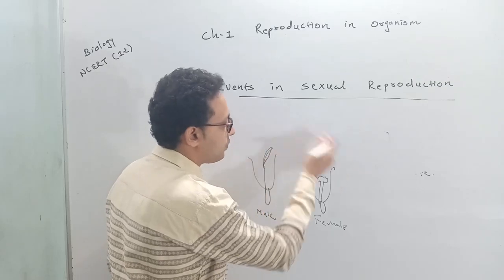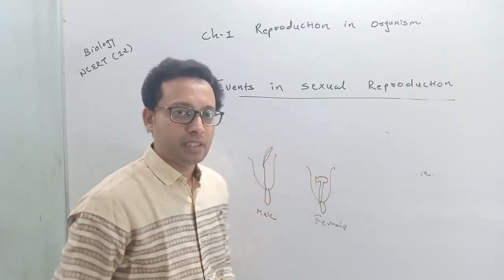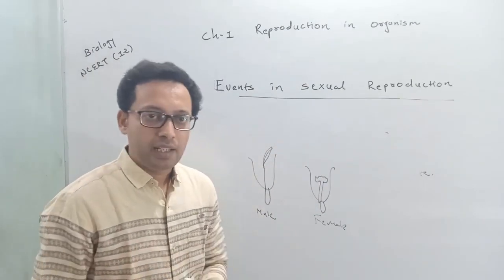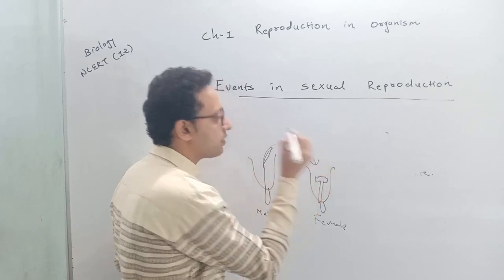Pollen grain will transfer from this stamen to a carpel, or from anther to a stigma. Certain agents will help, but there is no guarantee that it will fall on it.